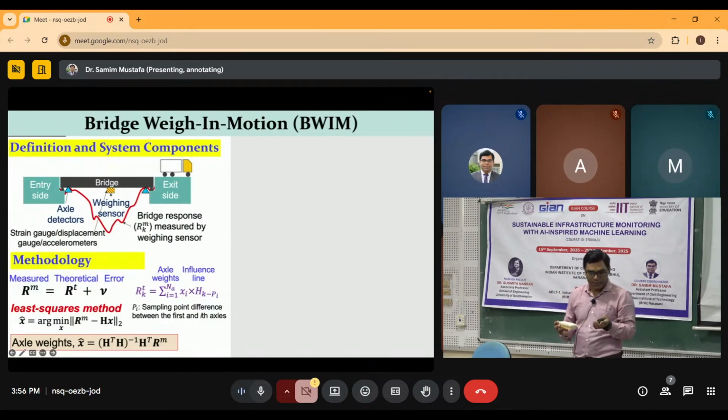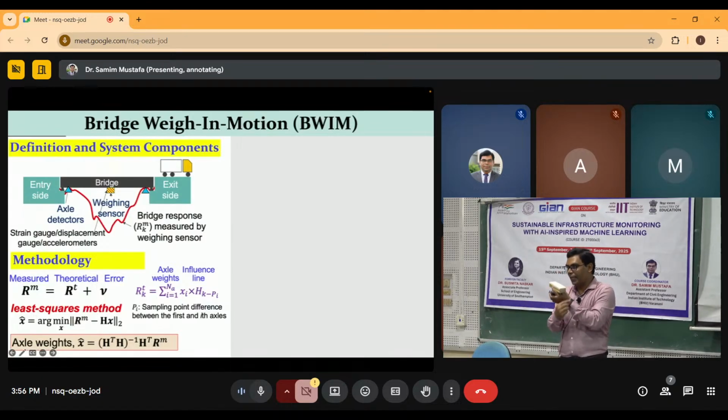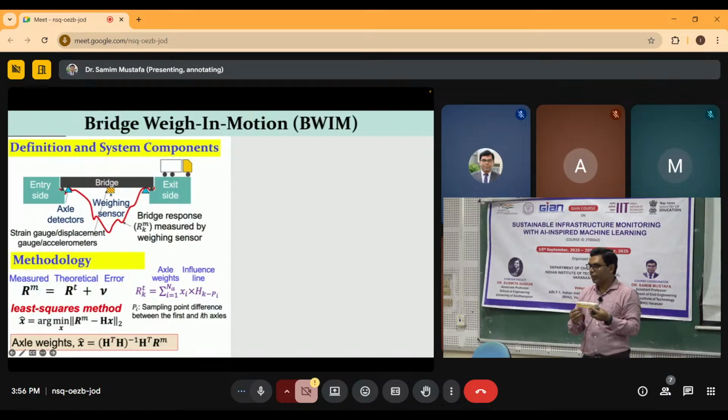So this equation is there. You can change the influence line based on the information about the entry time of each axle. That can be obtained from the detection sensor. You can place a detection sensor over here, and another detection sensor at the bottom of the bridge on the exit side. From there you can know the entry time of each axle.